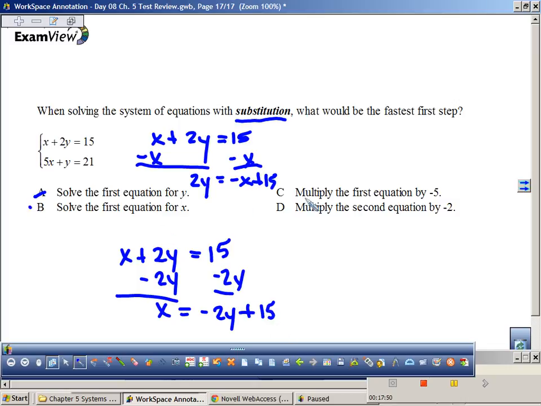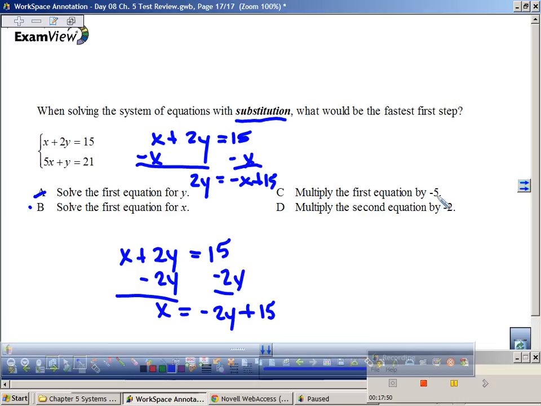Maybe multiply the first equation by -5. If I multiply the first equation by -5, then these would get eliminated, right? Now that's the way to do it, right? But did it say to eliminate?